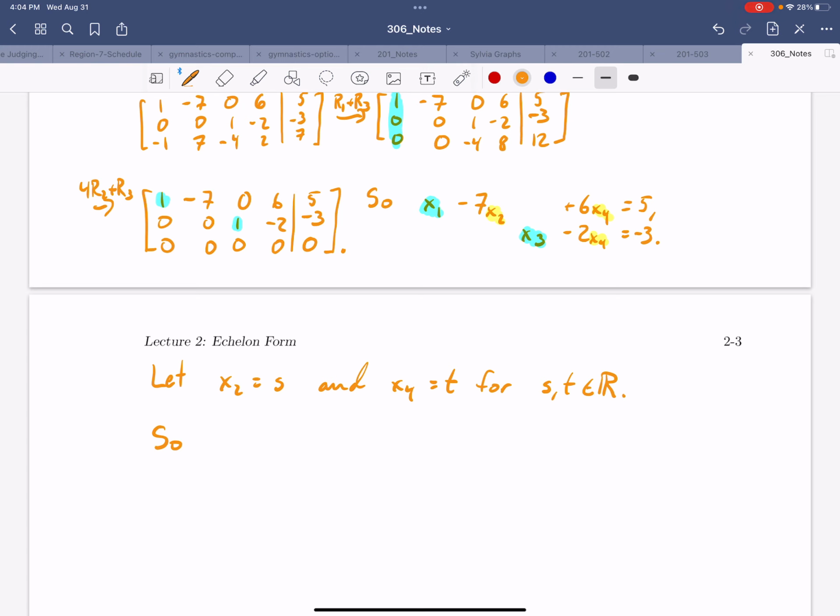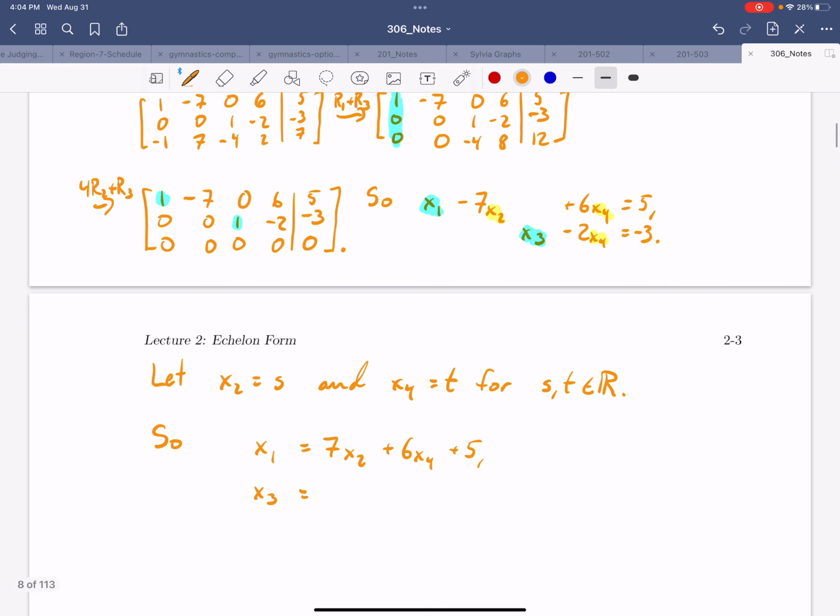So now I'm going to say x1 equals 7x2 minus 6x4 plus 5, and x3 equals 2x4 minus 3.